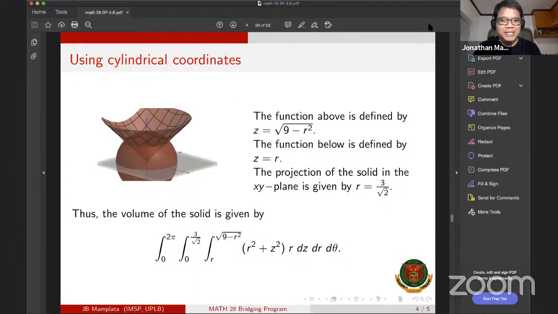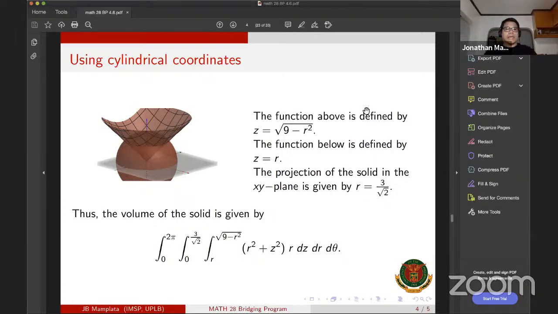Ano pong ibig sabihin nito? Kapag daw binago yung bounds for theta, saka lang po magmumultiply ng constant sa labas po ng integral. Okay.